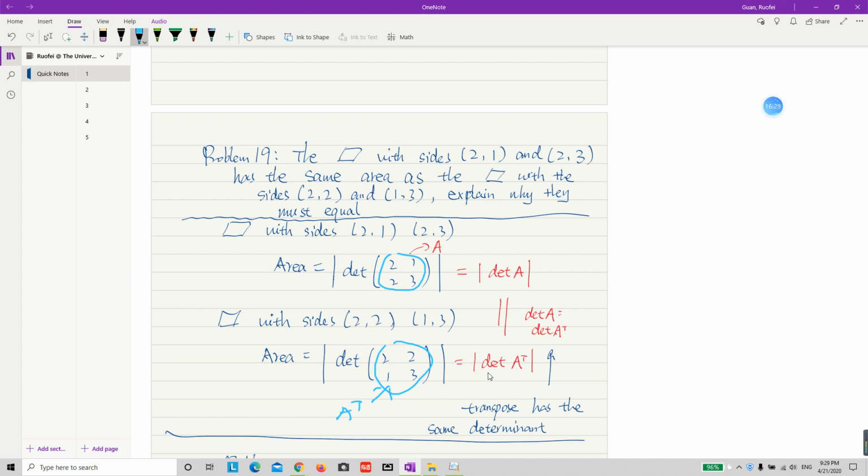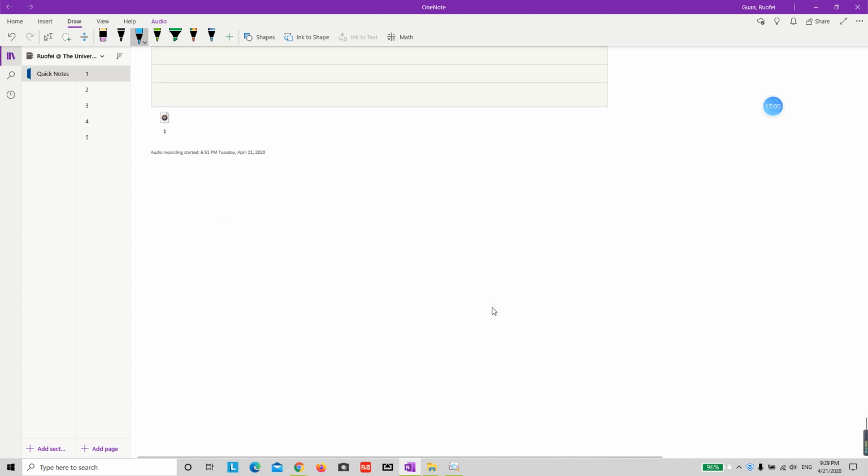So this equals determinant A transpose, then take the absolute value. So why are these two areas the same? It's because determinant A equals determinant A transpose. This is why they must be equal. Transpose has the same determinant. Okay, that's it.